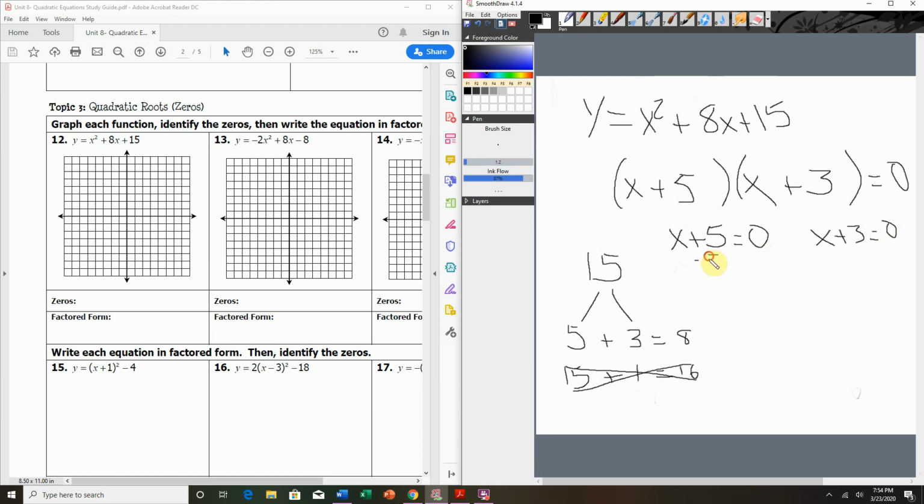We subtract the 5 from both sides and get x equals negative 5, and subtract the 3 from both sides and get x equals negative 3. So our solution set would be x equals negative 5 and negative 3.